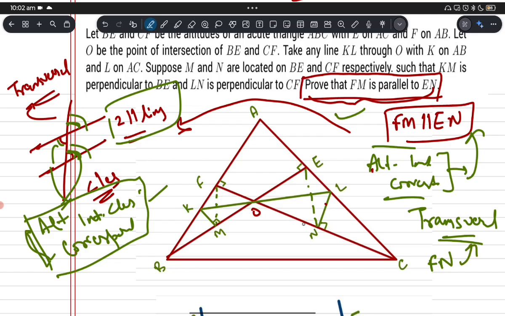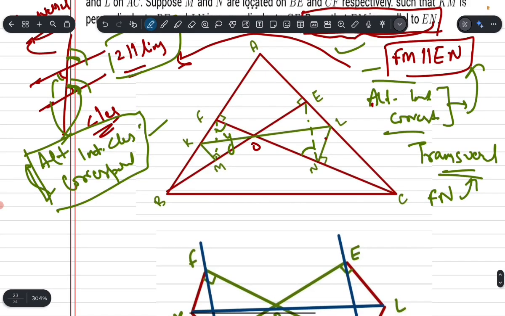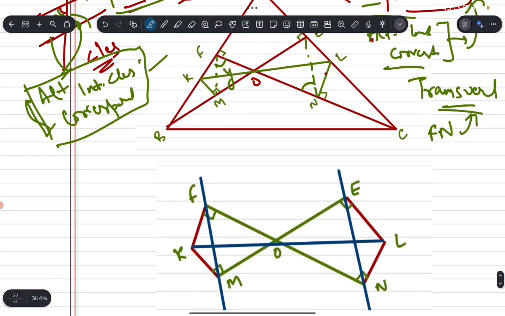These are the lines we are supposed to prove parallel, and FN is acting as their transversal. Now, if we prove this angle to be equal to this, are we done? That would be what? Alternate interior angles. If that happens, then we are done. We'll conclude that these are parallel. All right. So this is just a part diagram. We make this when the diagram gets difficult. Yeah. So you need to learn doing this.